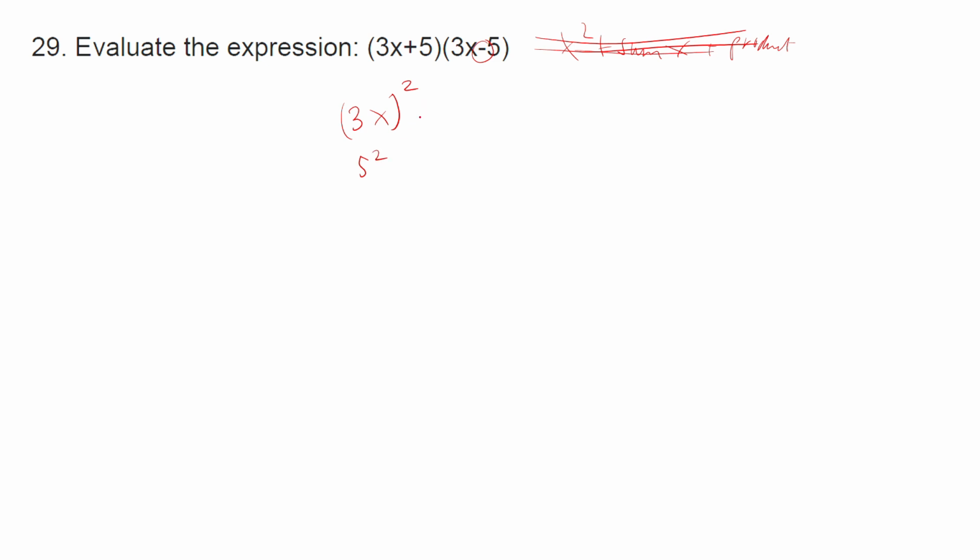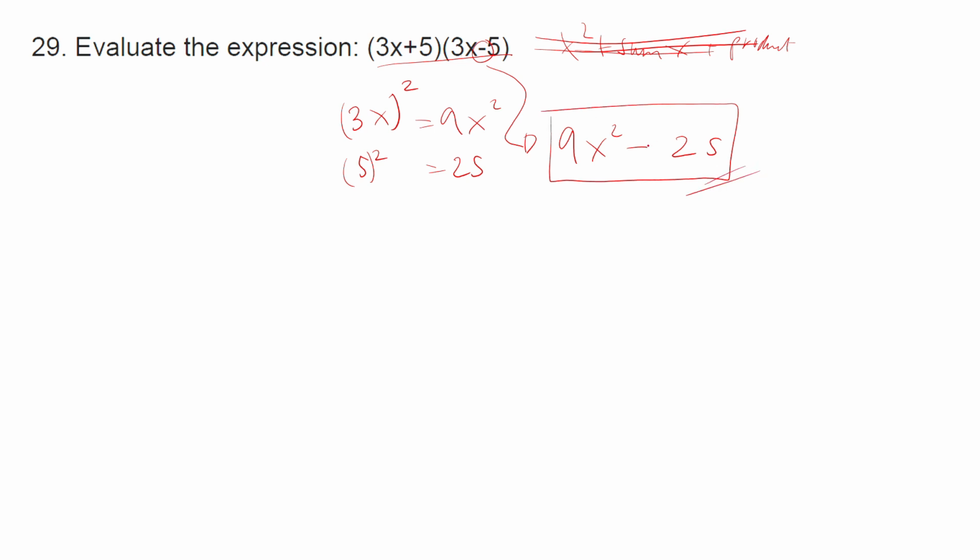What's 3x squared? That is 9x squared. And then 5 squared is 25. So the answer to this one is going to be, just copy the 9x squared, just copy the 25, and then just put here minus. That's it. That's the answer.